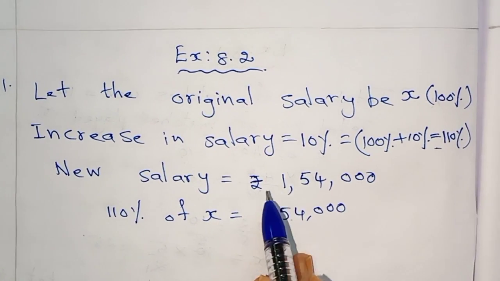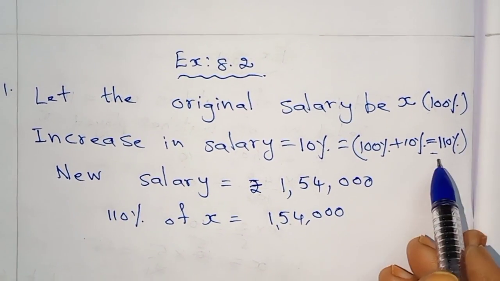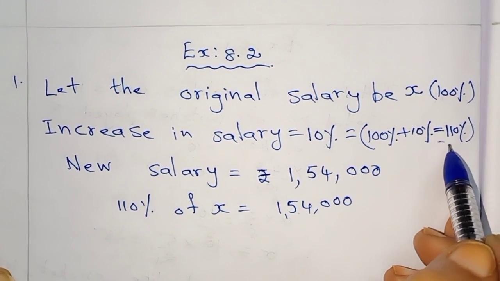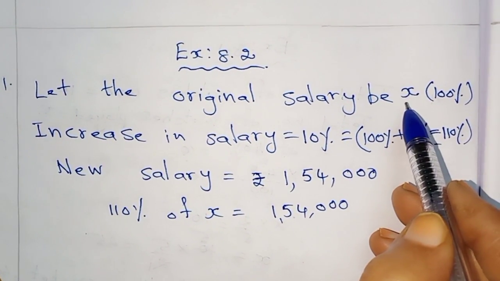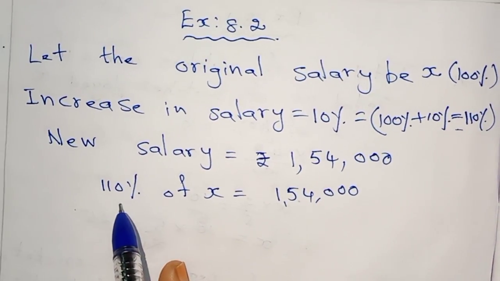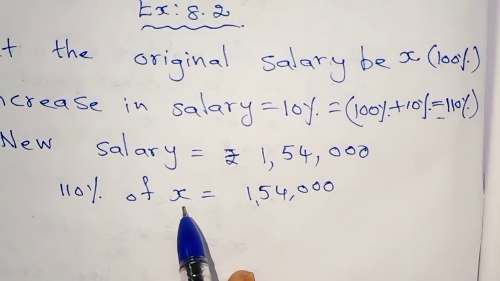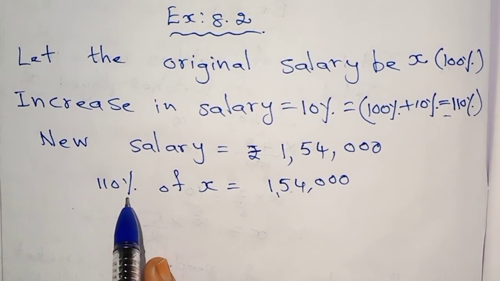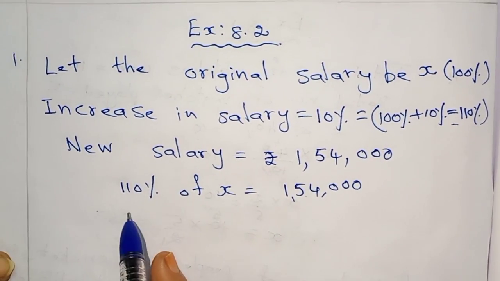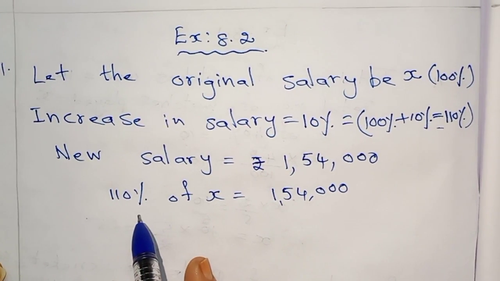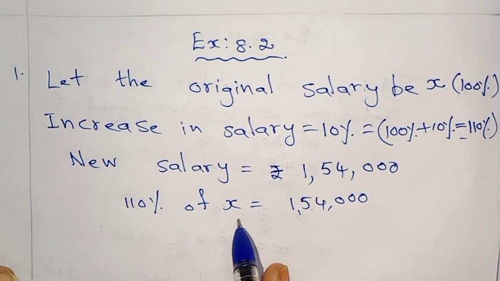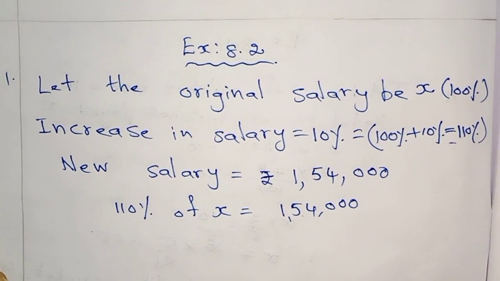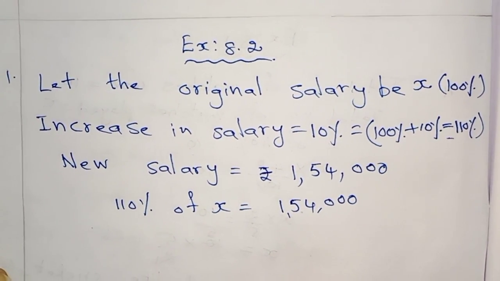It is increased based on the original salary. So 110% of X. What is X? The original salary. And 110% is the percentage of the new salary. So 110% of the original salary is equal to 1,54,000. From this we can find out X.